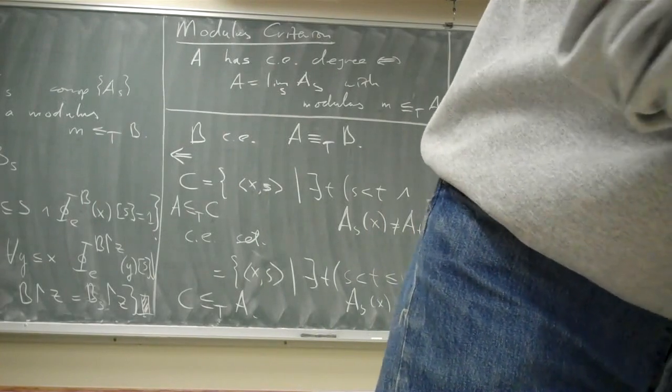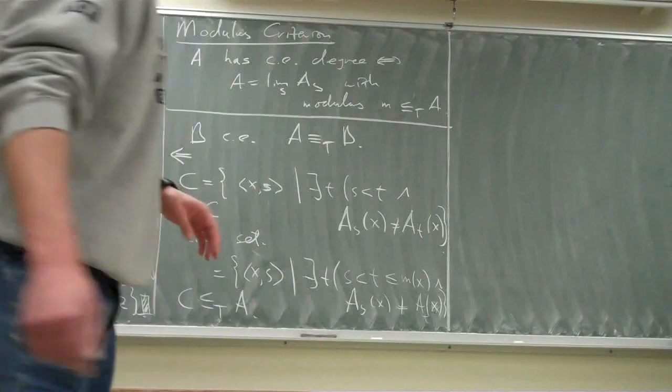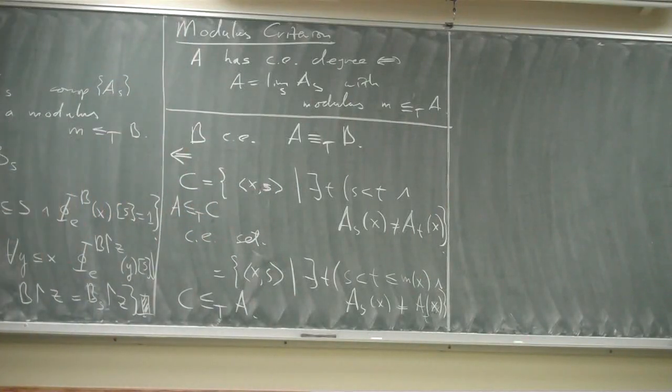Okay, so these are very important observations which we're going to use a lot later on. But we're going to do a little detour before we get to this. We know in the end what we're aiming for is understanding the structure of the Turing degrees.